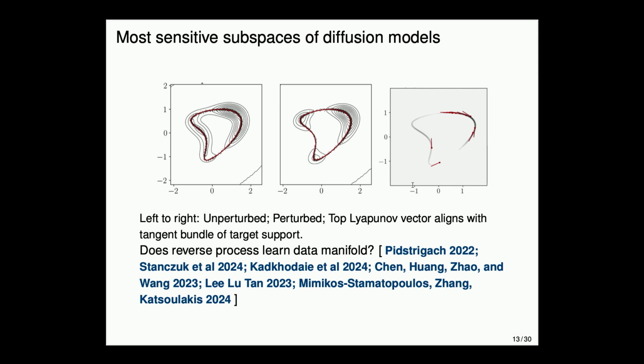In other works there are estimates of the dimension of the data manifold given by the generative model and so on. Here we are asking, in the tangent space it looks like it is learning the data manifold, and can we formalize this? Okay.